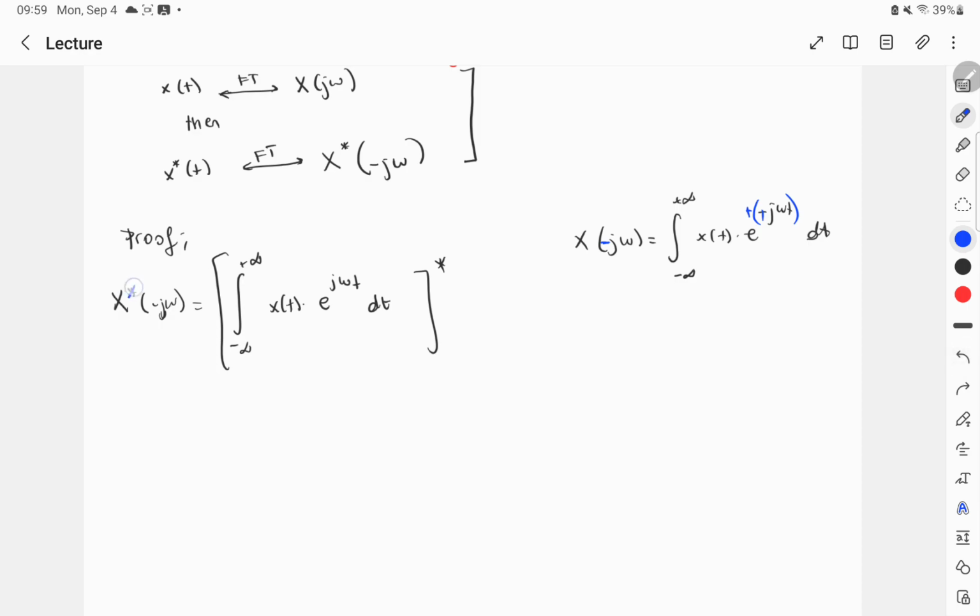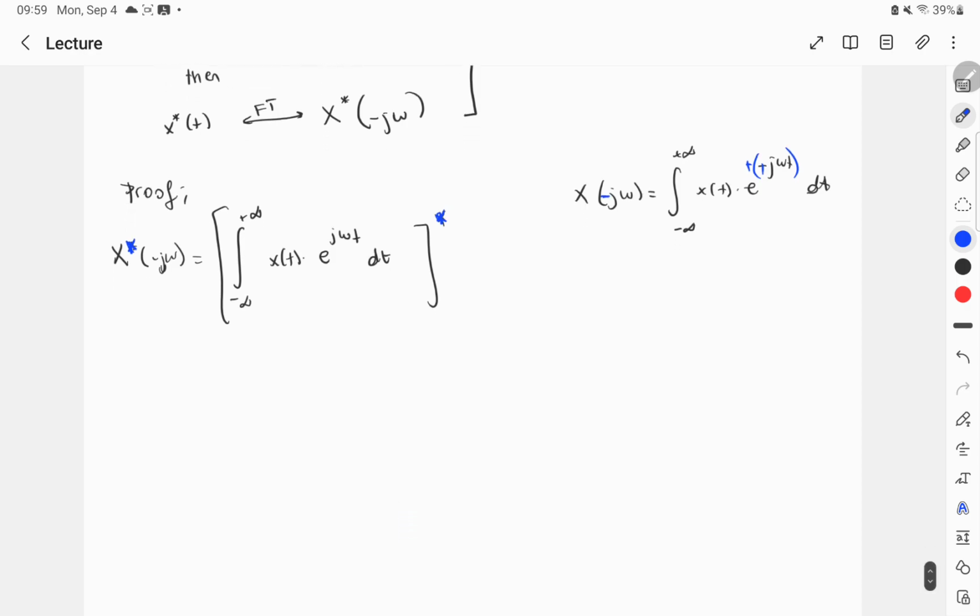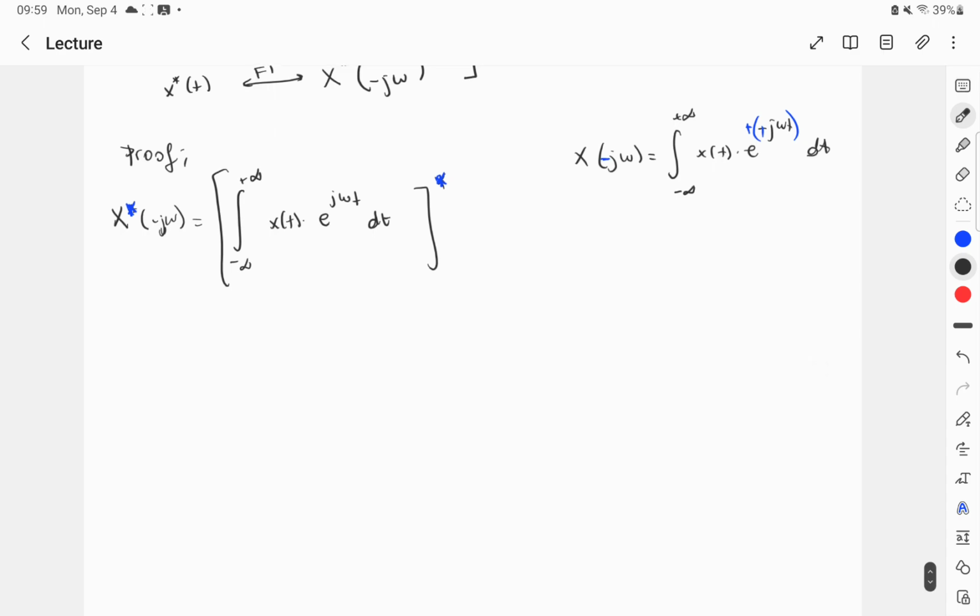And we are going to take the conjugate of both sides. This is what we are doing in here. And taking the conjugate, what are we going to do? Let me copy and paste it over here.